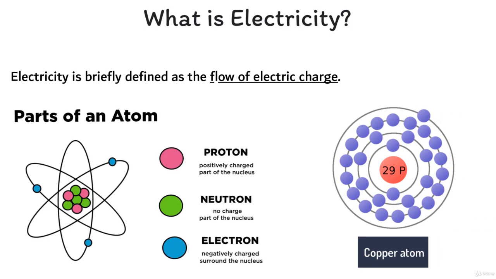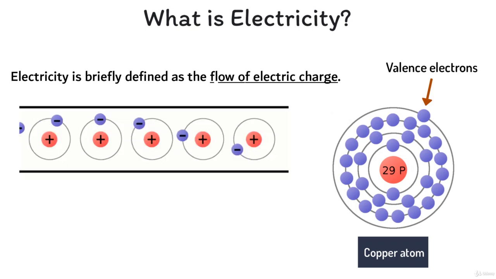The atom's electrons aren't all forever bound to the atom. The electrons on the outer orbit of the atom are called valence electrons. With enough outside force, a valence electron can escape orbit of the atom and become free. Free electrons allow us to move charge, which is what electricity is all about.